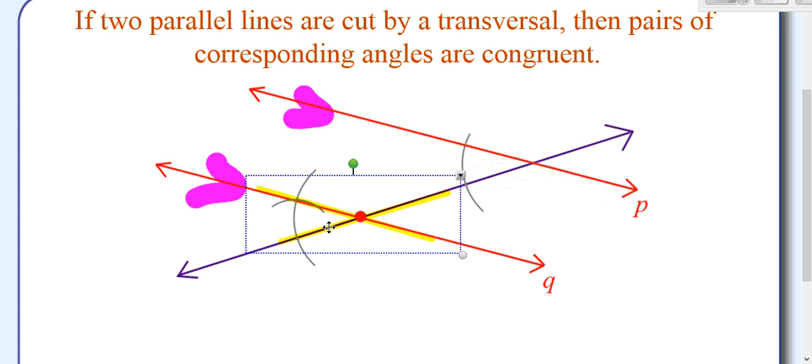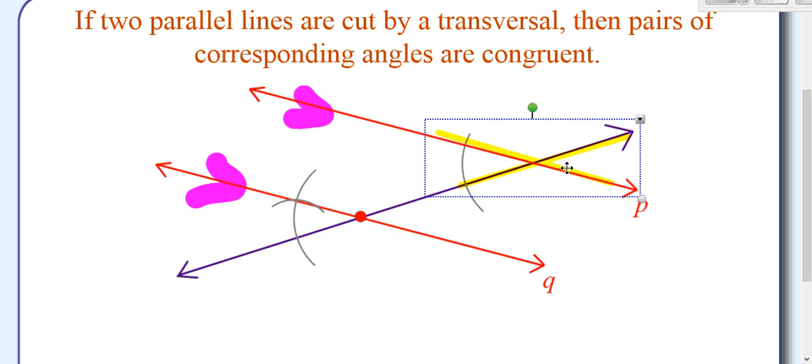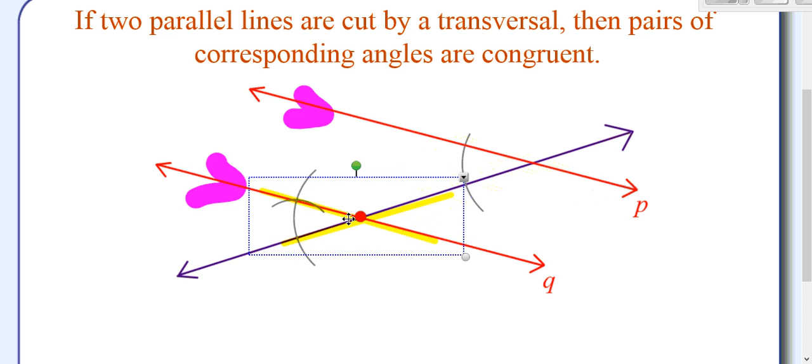So you can see that all four corners are corresponding, and you can do a translation to show that they're going to be congruent. Translate the intersection down to the other intersection, you can see that they all match up and they are all congruent.